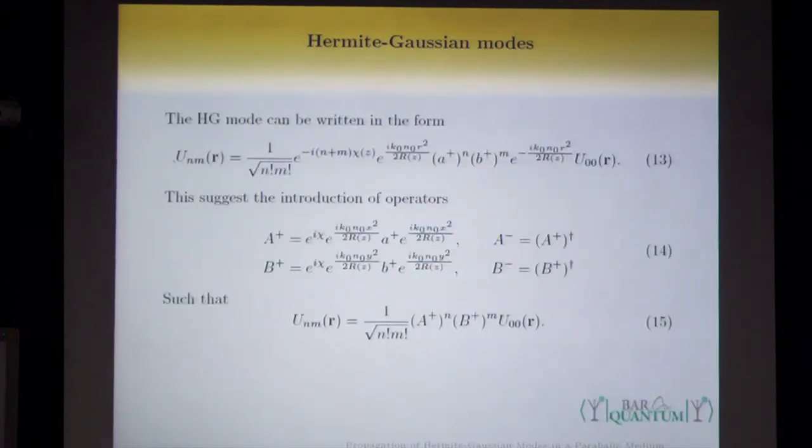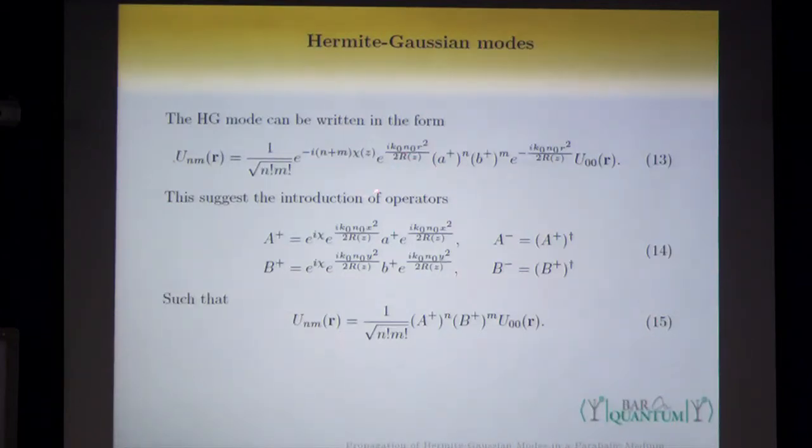So we can express the Hermite Gaussian modes in terms of the ladder operators a and b in this way.